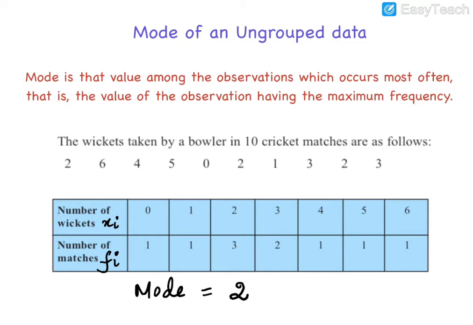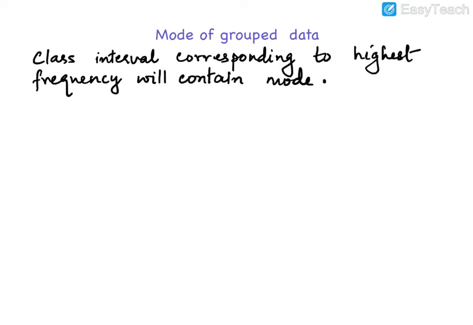Now we will study the new concept, that is, a method to find the mode for grouped data. In grouped data, the observations are represented in the form of class intervals, and each class interval has a frequency. Looking at the frequencies, we can find the highest frequency. The class interval that corresponds to the highest frequency will contain the mode.